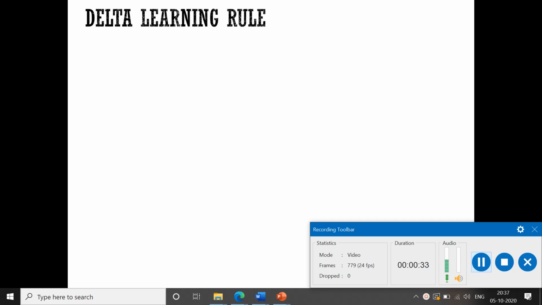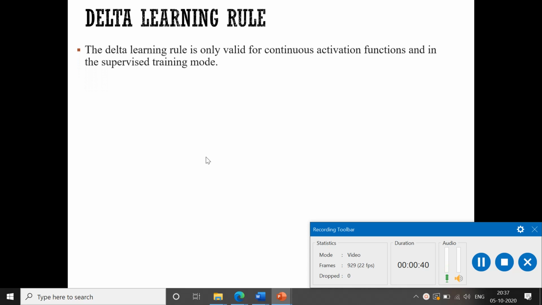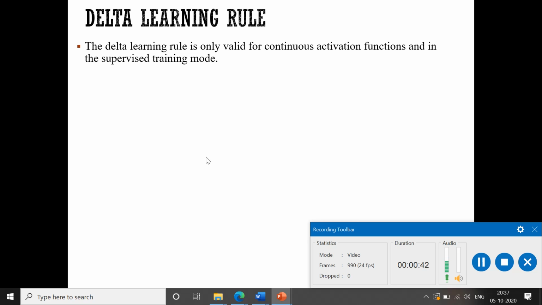The delta learning rule can be used for a continuous neuron. So it is only valid for continuous activation functions, and again it can be used in supervised training mode.